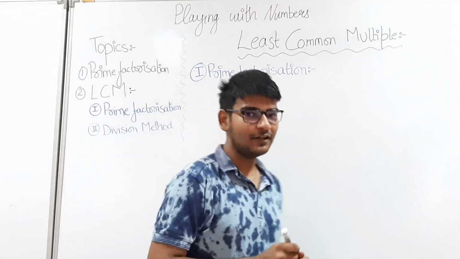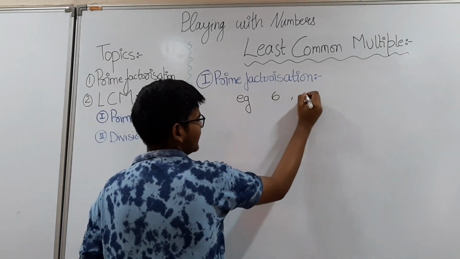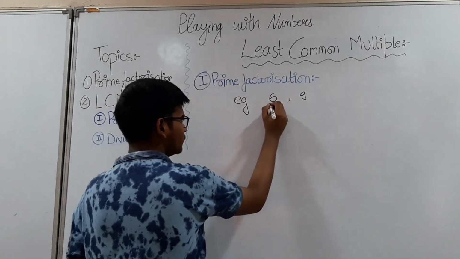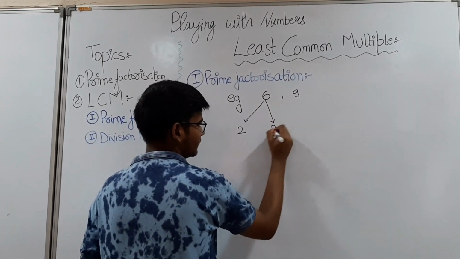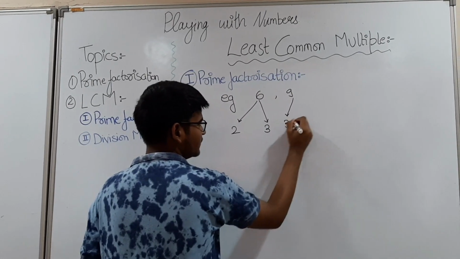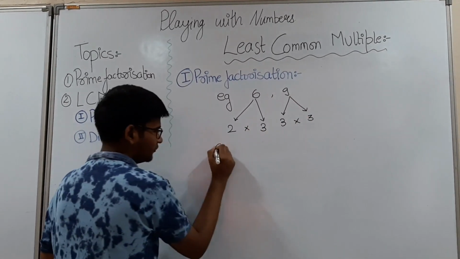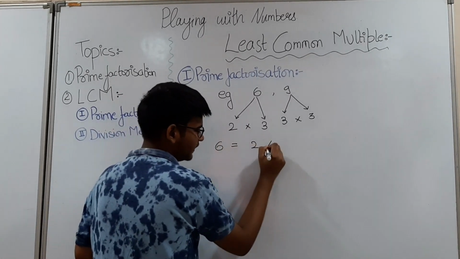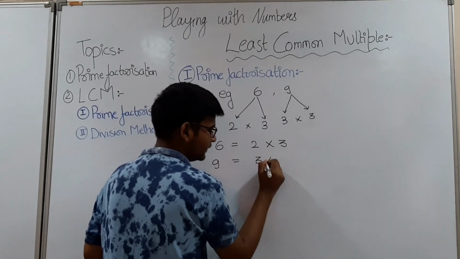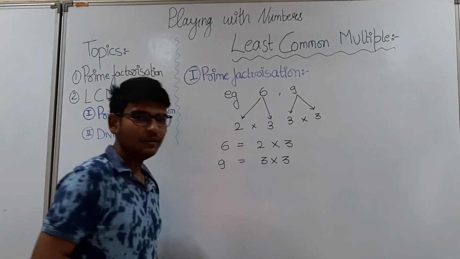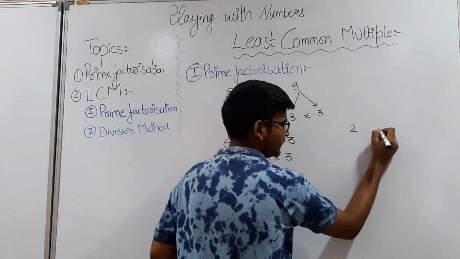So let us take one more example, 6 and 9. As we know, the prime factors of 6 are 2 and 3, and that of 9 is 3 into 3. So 6 is equal to 2 into 3 and 9 is equal to 3 into 3. Now here we have two prime numbers, that is 2 and 3.